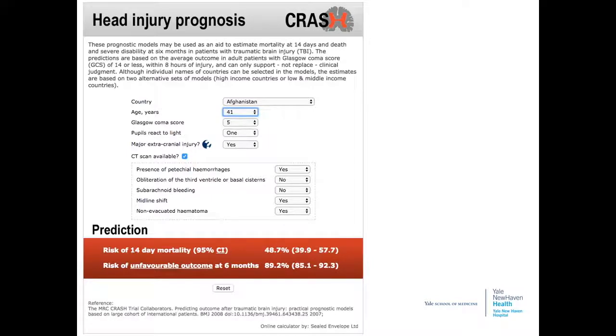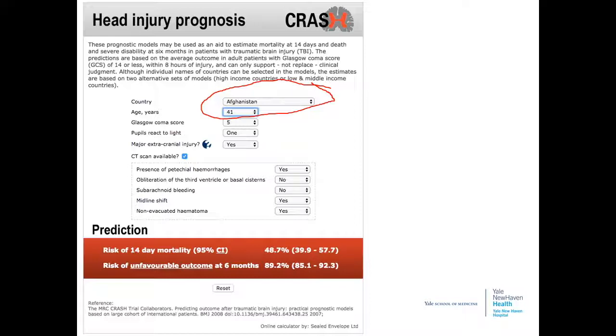Here's a screenshot from the online calculator for the CRASH score. What you'll notice that's interesting is that because it was such a large data set that they used to create the CRASH calculator, the prognostic model asks not only for clinical information about the patient, but even which particular country the patient is coming from.